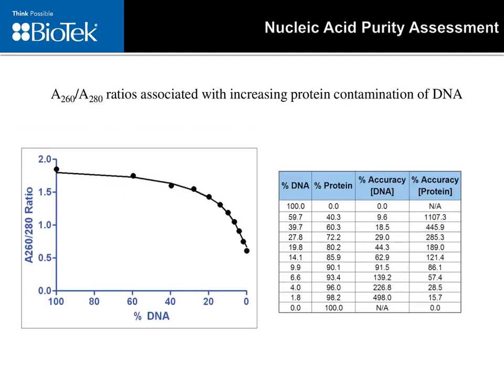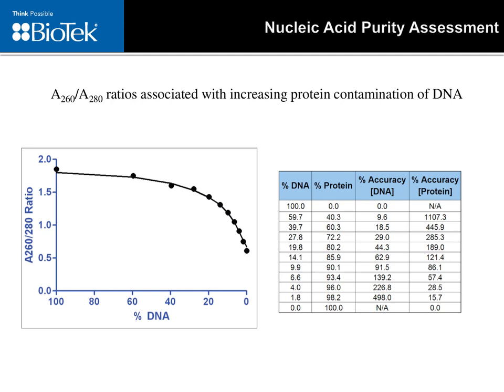So if we look at our A260/A280 ratios plotted versus percent DNA, we can see samples here with increasing concentrations of BSA ranging from 40 to 100% show very little change in our ratio, which indicates that it takes quite a lot of protein contamination before it's reflected in the ratio. The calculated percent accuracy determinations from spectral data shown in the right-hand table reflect this as well.